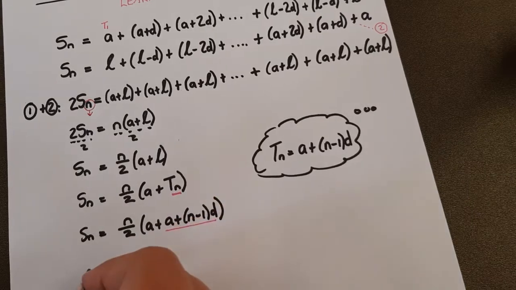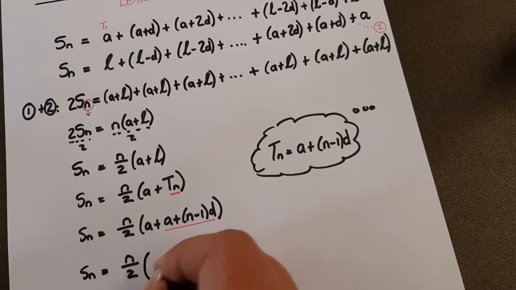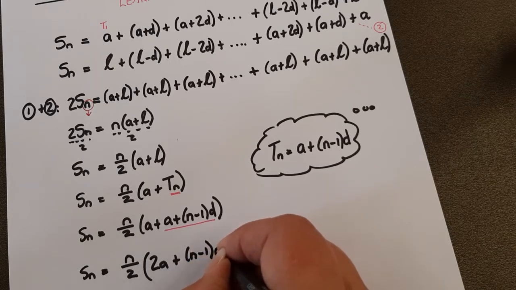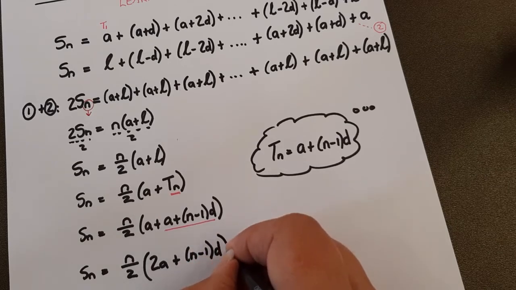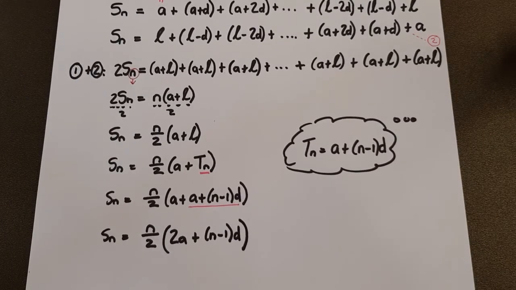Now if you simplify that, you get n over 2, a plus a is 2a, plus (n minus 1) d. And that is the sum of n terms in an arithmetic series.